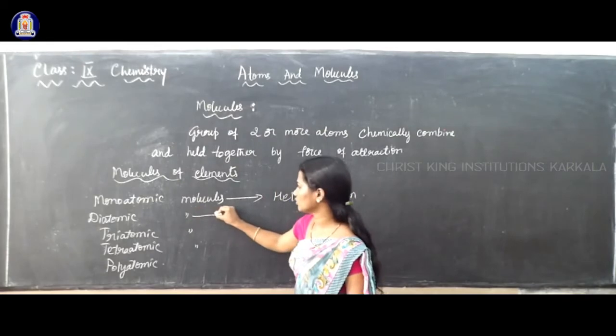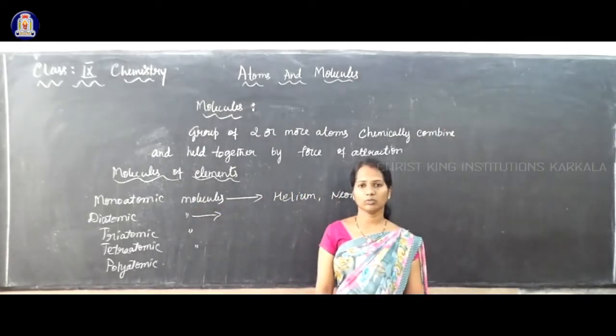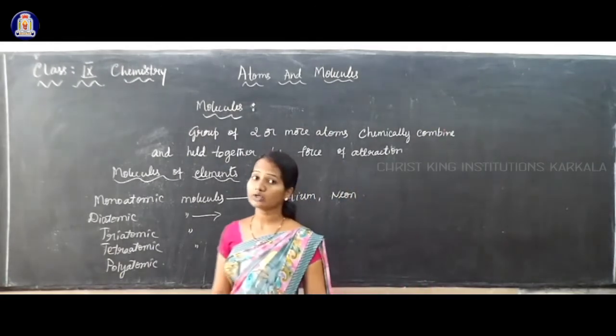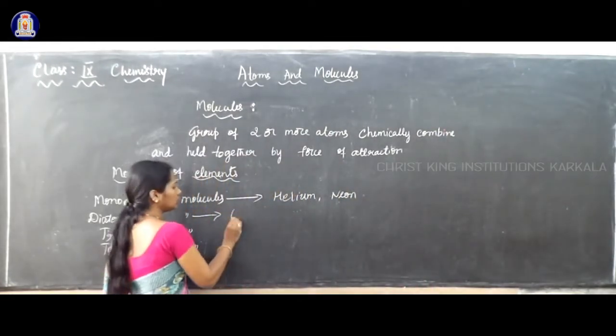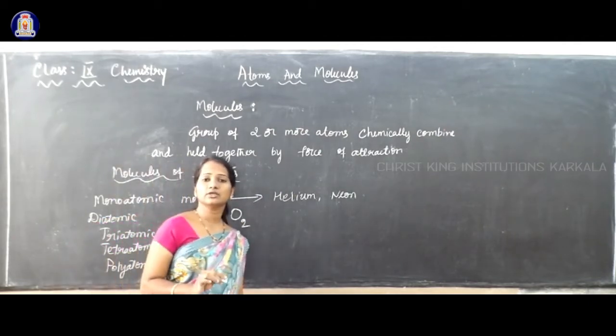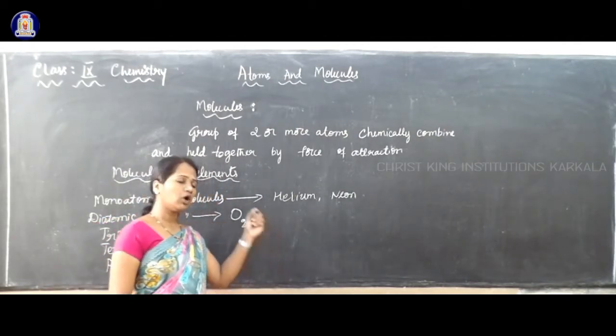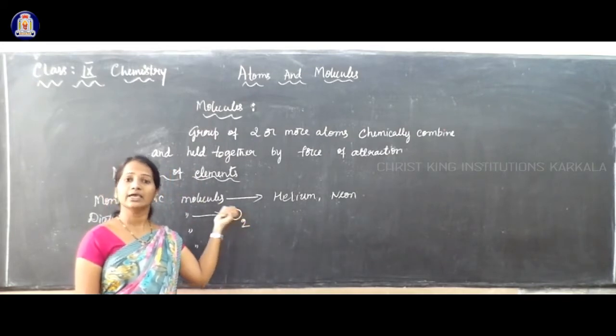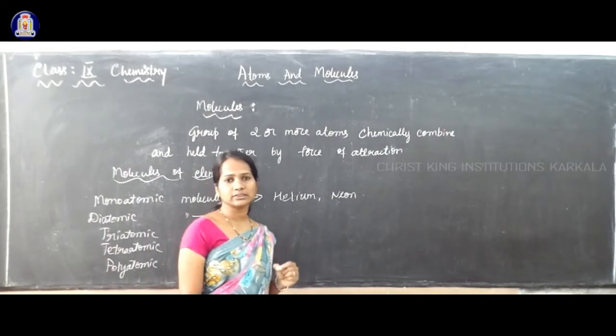Come to the diatomic molecules. Diatomic molecules in the sense, they contain two atoms. For example, oxygen molecule, O2 molecule. We represent oxygen not as O. O is the representation of oxygen element, but oxygen molecule can be represented as O2 in the sense it contains two atoms of oxygen.